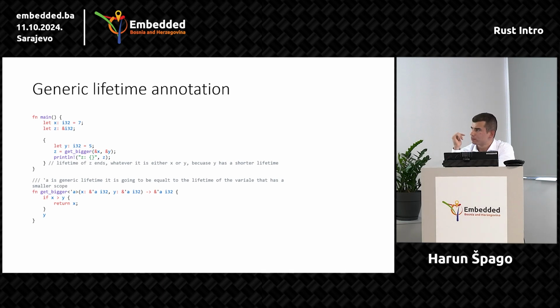and if we try to actually print this here, we will get an error that the variable epsilon does not live long enough. So basically what I'm trying to say here is that a variable can have a different value and a different lifetime. In this example, the variable z will have the value of 7, but the lifetime of the value that has a smaller scope, which is epsilon.